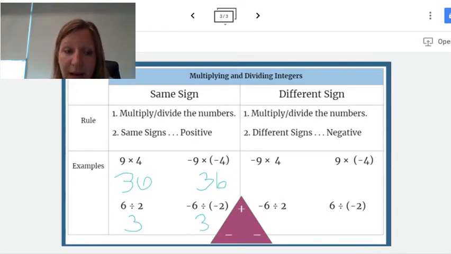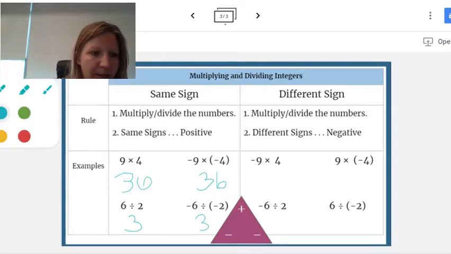Using the triangle below, another way to sort of do this is to set up a triangle that has a plus sign at the top and 2 negative signs at the bottom, similar to the one that's here in pink. And so what I would do, if I have a negative times a negative, you cover up the negative sign.